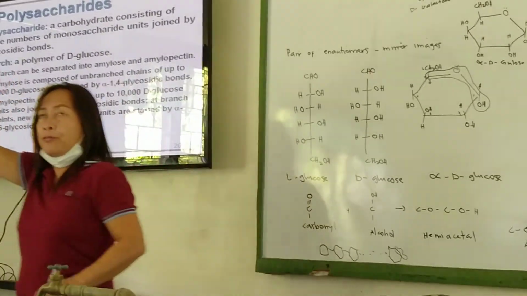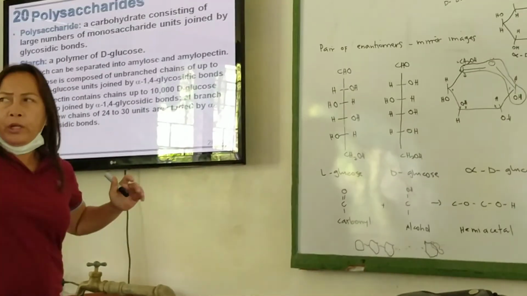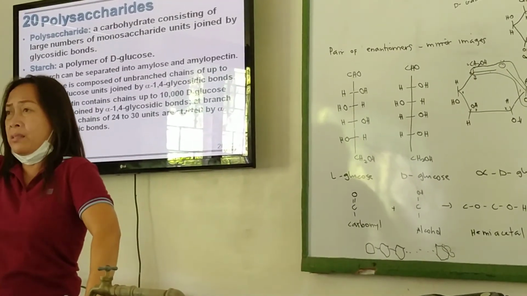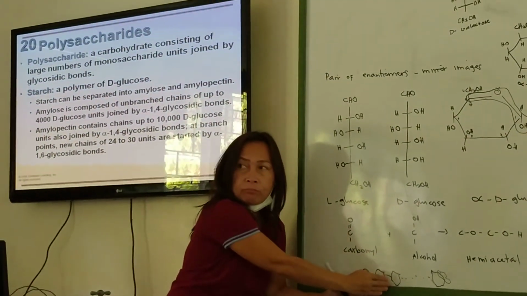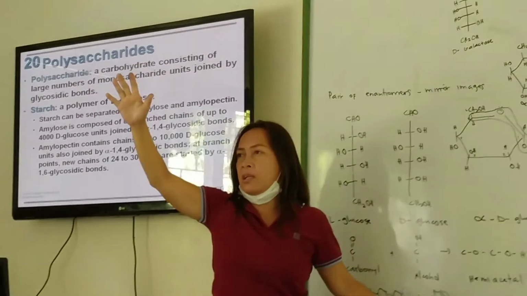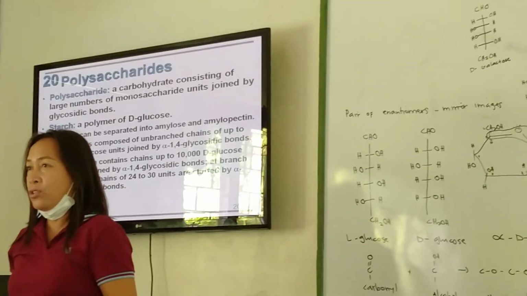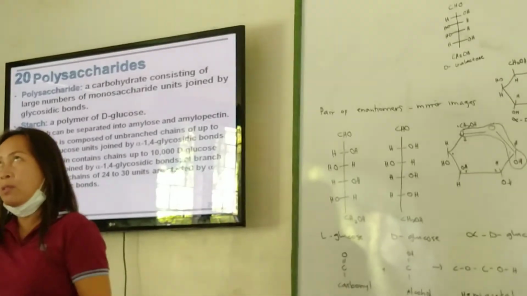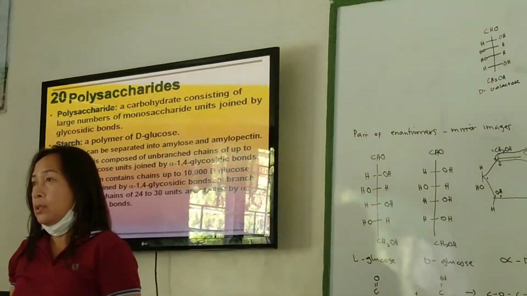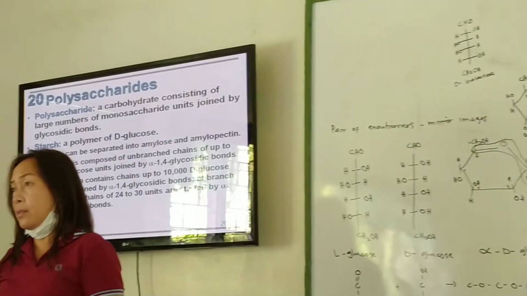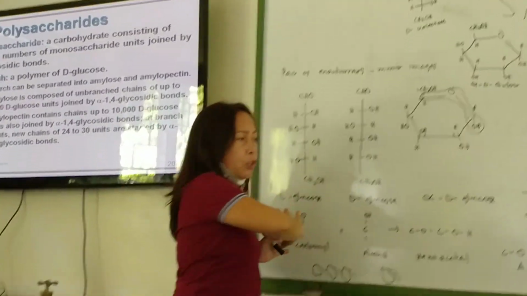Though you can find a free hemiacetal at the end, out of that big molecule only one hemiacetal is free, because the rest are bound. Only one is free, so it may not react well with oxidizing agents. Sometimes you cannot see any change in color, and you may consider it non-reducing because it has only one free hemiacetal with that huge size of molecule.